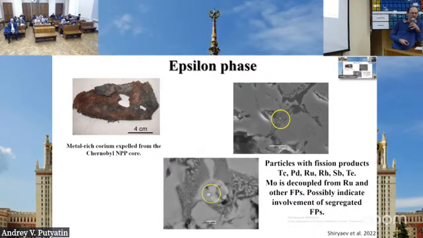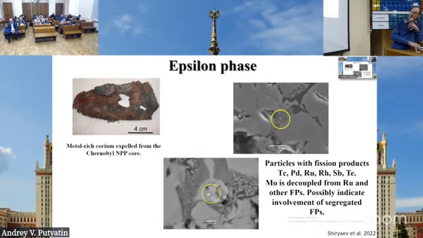When the reactor was destroyed, some material from the reactor, namely the so-called corium, the product of interaction of uranium dioxide fuel with cladding, was expelled into this under-reactor room. And this is just a piece of steel, an iron tube, which was used to supply water to the reactor.